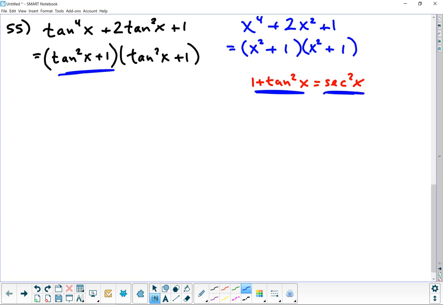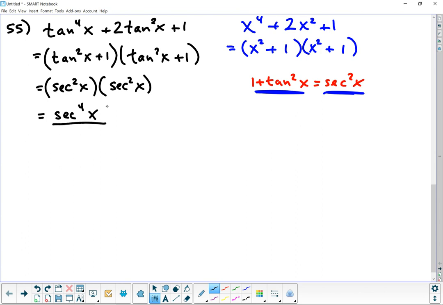So instead of tangent square x plus 1, we can rewrite it as secant square x times secant square x. Okay, even better yet, secant to the fourth x. I can say this is the best answer you can have, but all of these right here in purple are good factors.